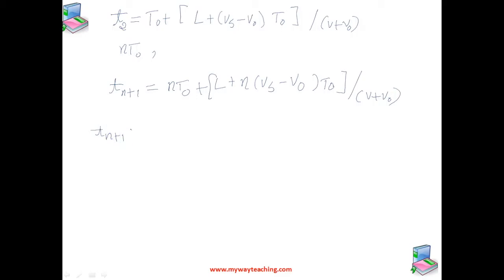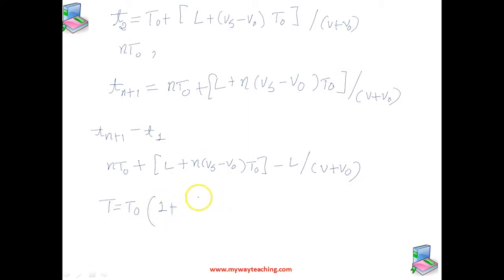So here in an interval tn plus 1 minus t1, the observer counts n crests and the observer records the period of the wave as T, that is equal to T0 times 1 plus (vs minus v0) by (v plus v0).